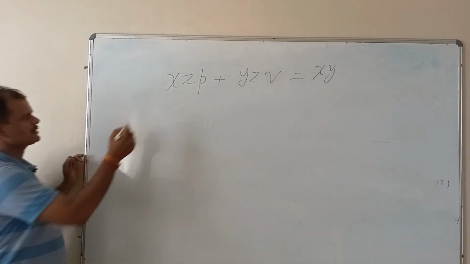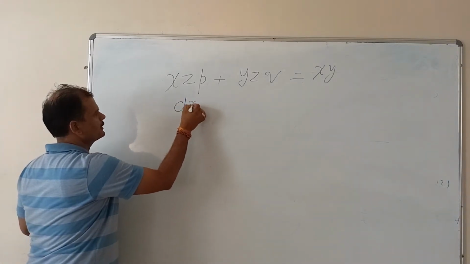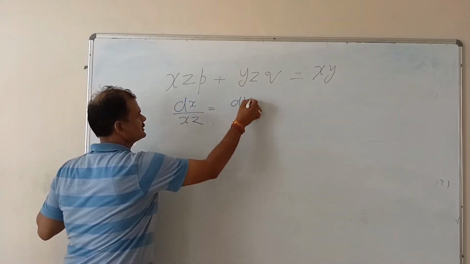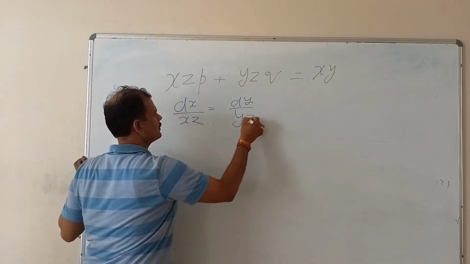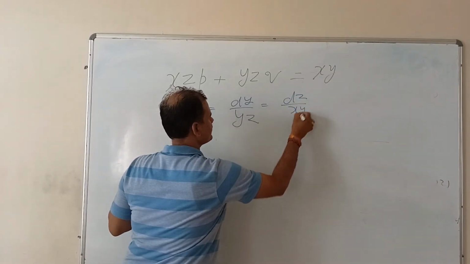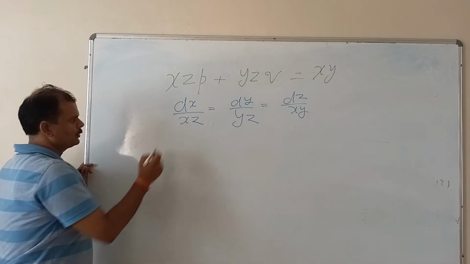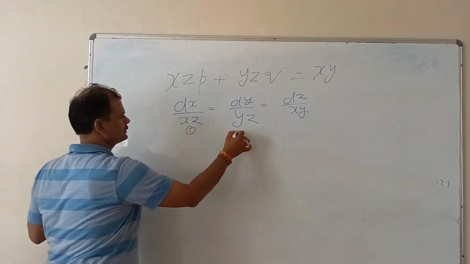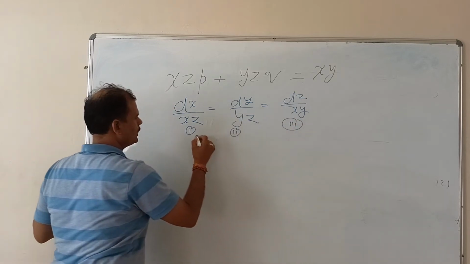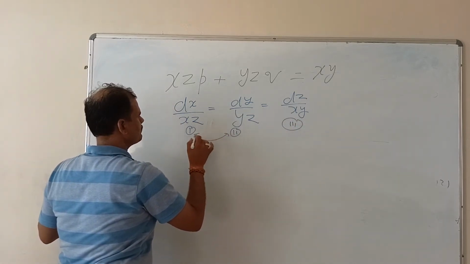So your auxiliary equation will be dx by x z, dy by y z cube, dz by x y. Fine. So take 1, 2 and 3. If you take the 1 to 2 ratio, what will happen?